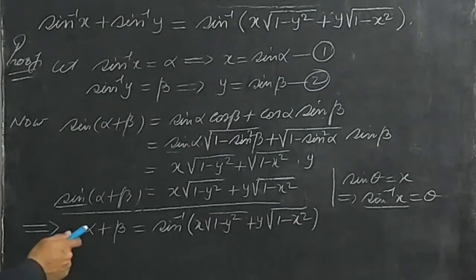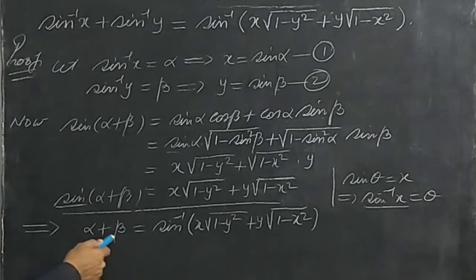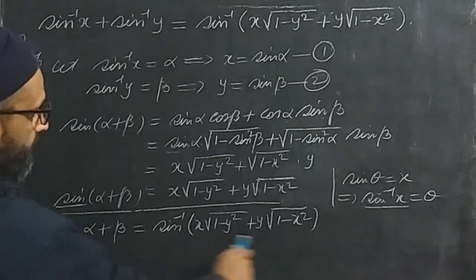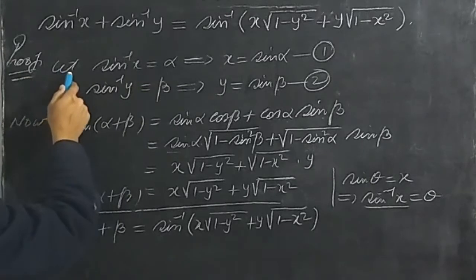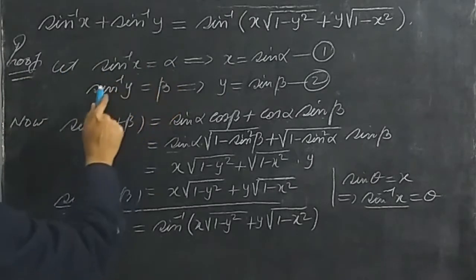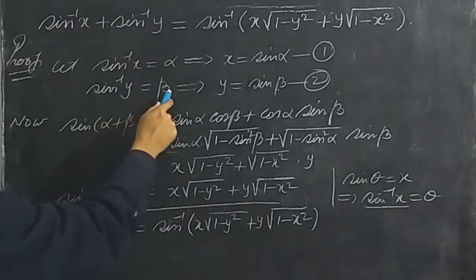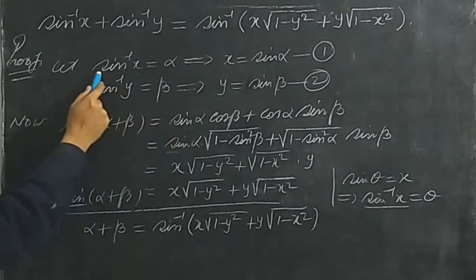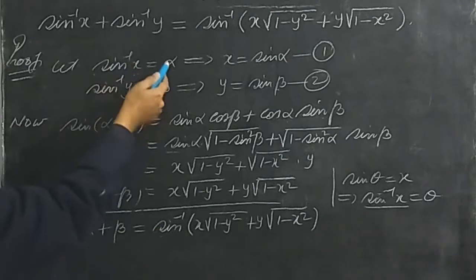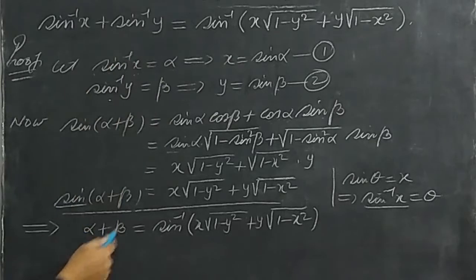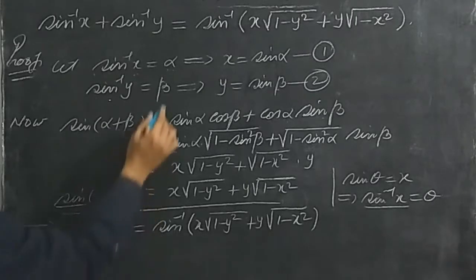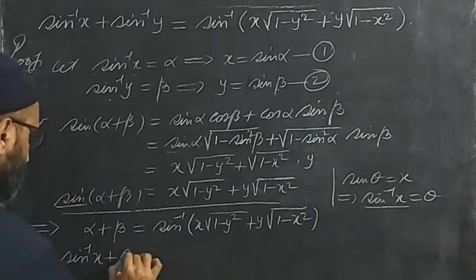Now alpha plus beta we get on the left hand side, and on the right hand side we get this expression. Now from equation number 1, as we have assumed initially sine inverse x was alpha and sine inverse y was beta, so we may replace alpha by sine inverse x and beta by sine inverse y in this relation.